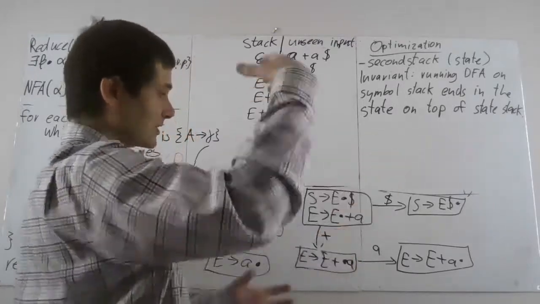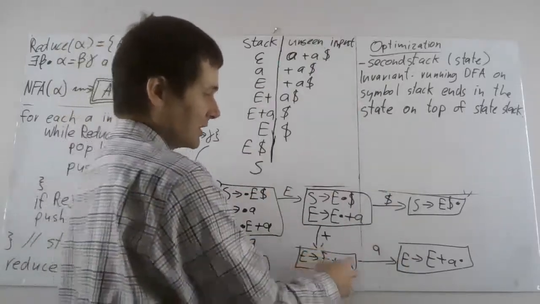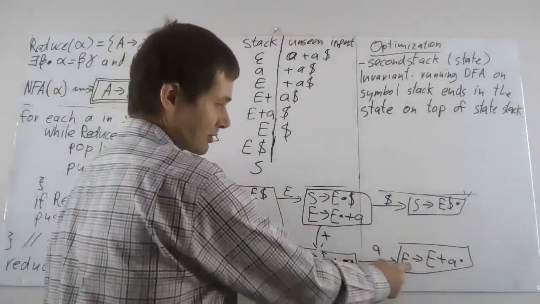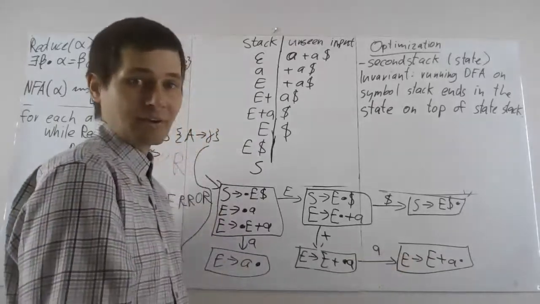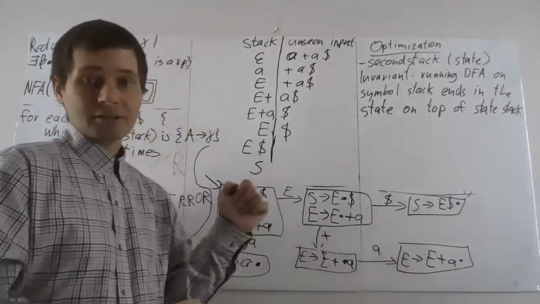So pushing an additional A on top of the symbol stack means only taking one extra transition on this A in the DFA. I can take that transition and push this state onto the state stack.